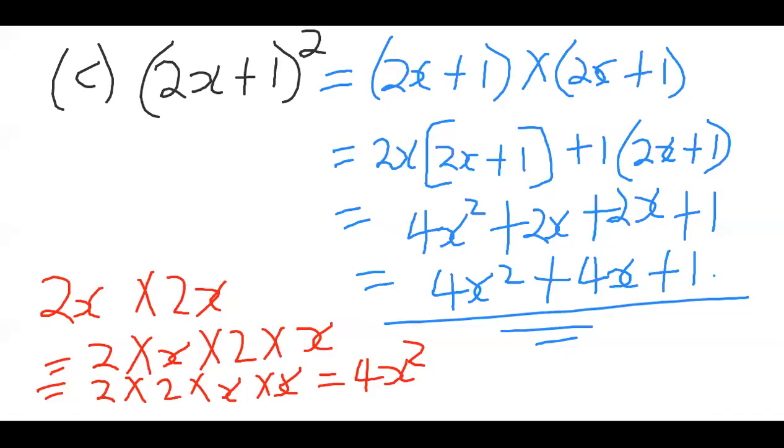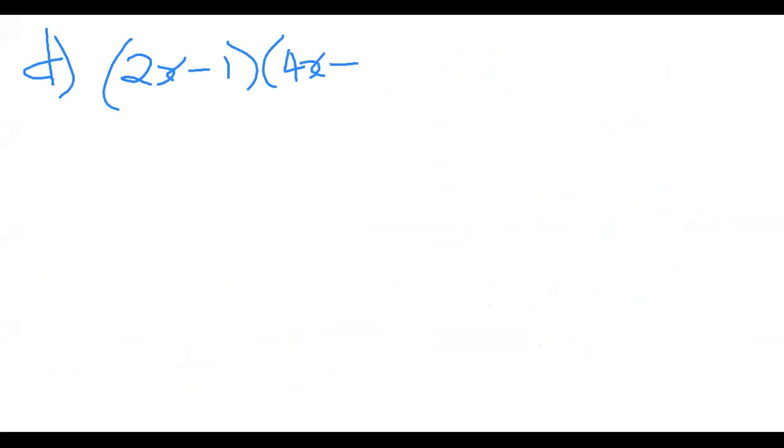So then after that, we can have the next part here. We're now going to have this one as our last part, then go to surds, expansion of surds. Then we shall have 2x minus 1 into 4x minus 3.